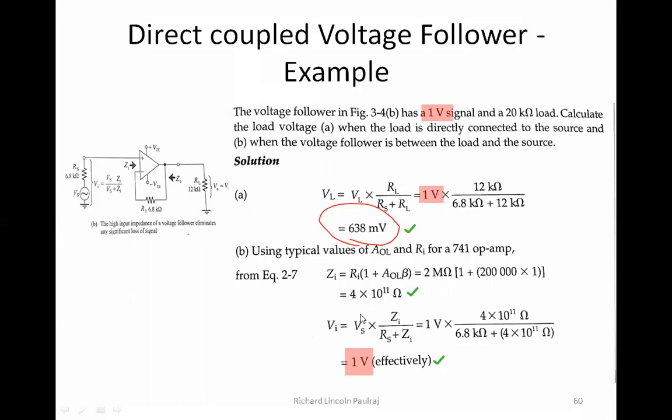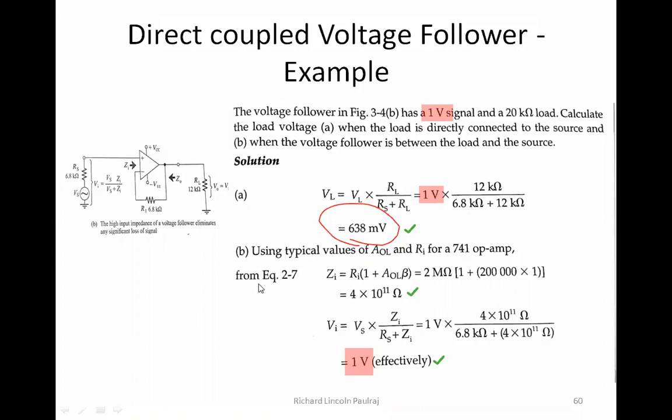Keeping this in mind, we understand how the voltage follower circuit actually works, how in spite of having all these resistances and impedances, we are still able to get about 1 volt for the input, and whatever is at the output, which is 1 volt, is also followed, right?